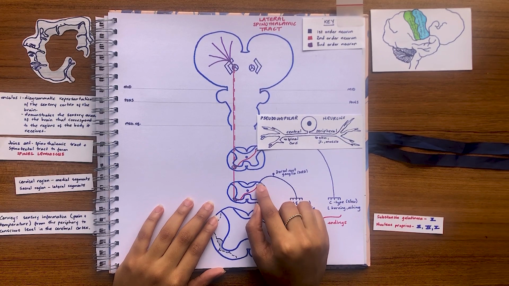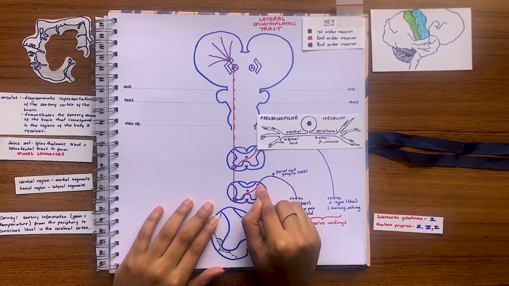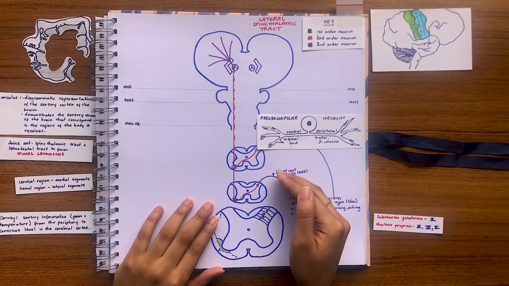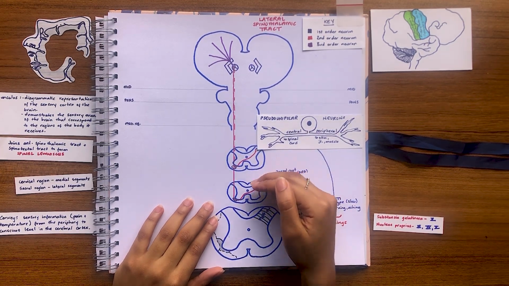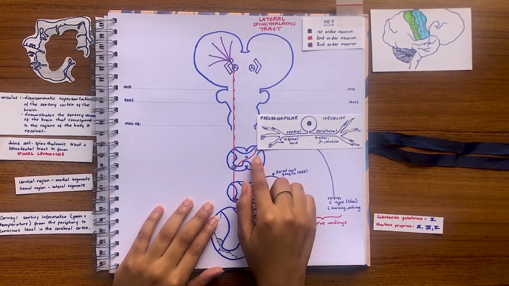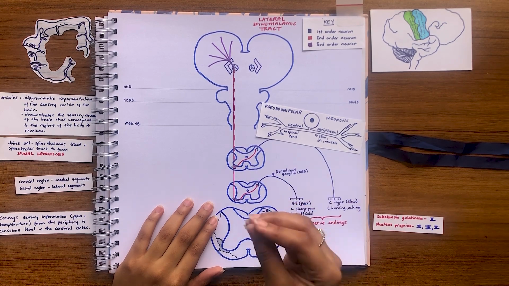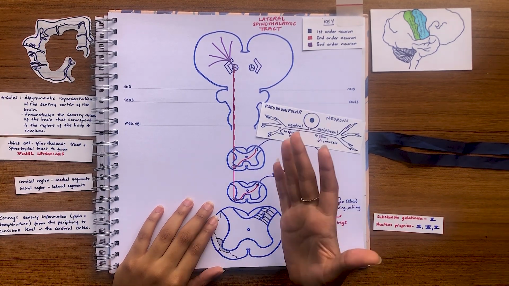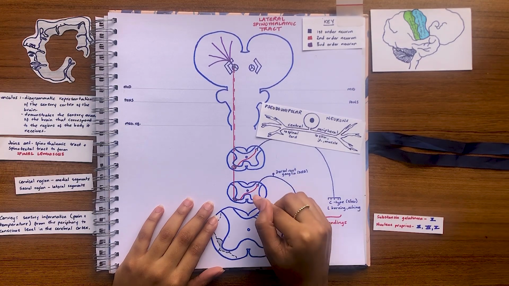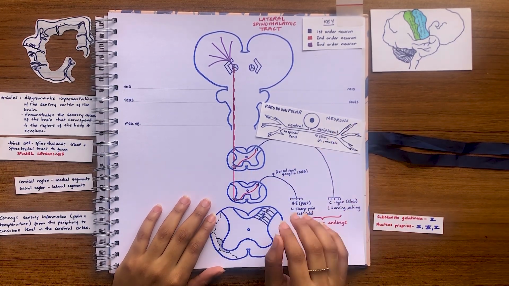The posterior lateral tract of Lissauer is in the back of the spinal cord in this region here. As the first order neuron enters the spinal cord, it enters this tract and travels upwards one or two segments before it synapses with the second order neuron. That is what the tract is, but like I said, I did not draw it in order to keep the diagram simplified.